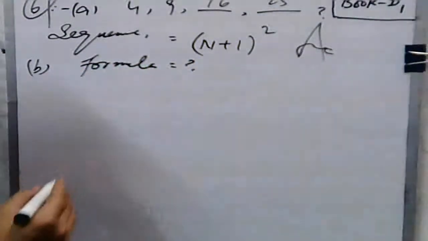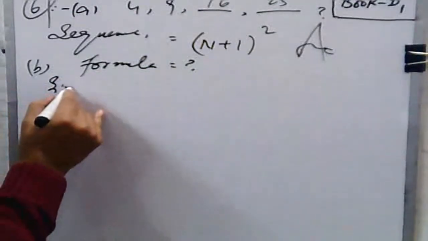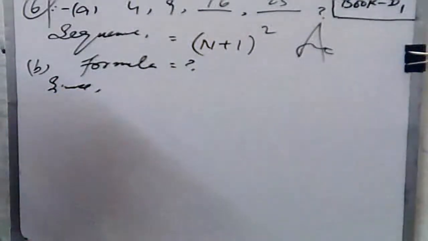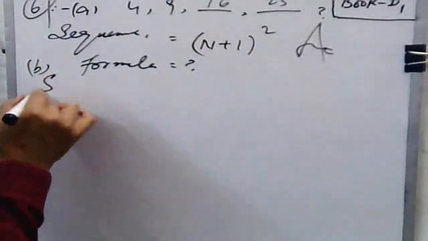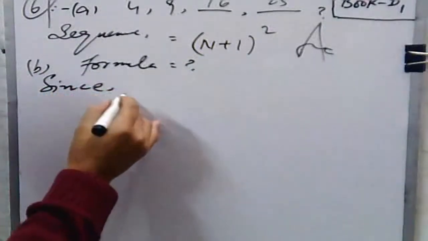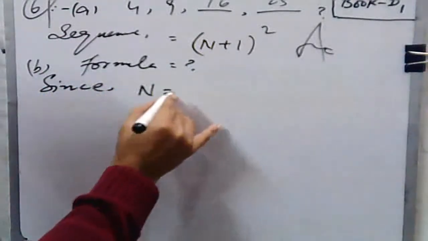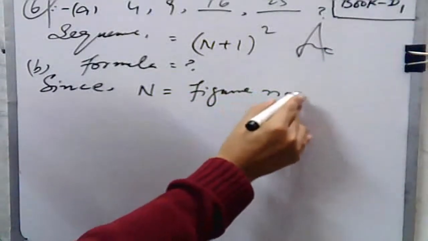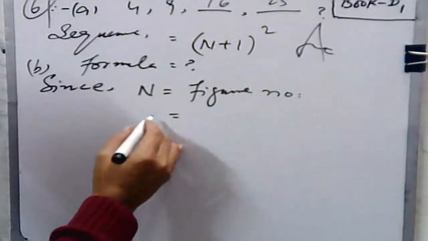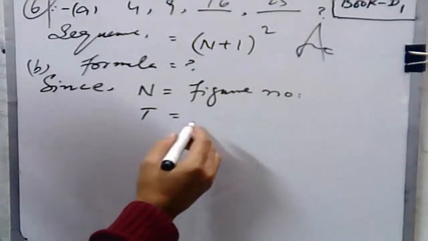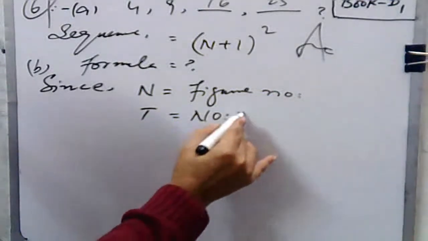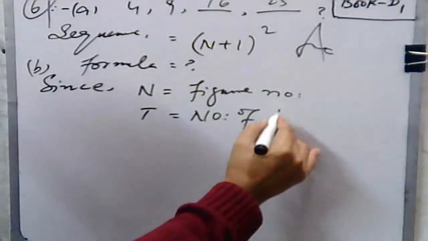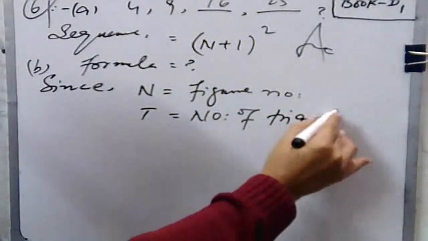Since it is given, if you read this statement, capital N is representing the figure number or diagram number, and T is your number of triangles. These are very much important things.